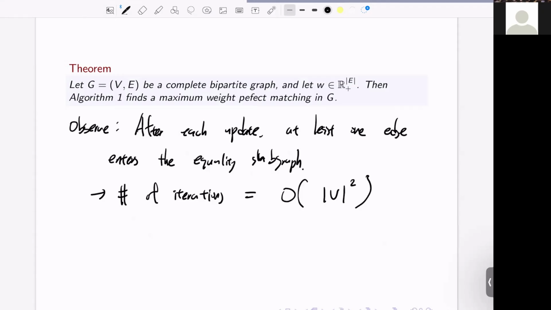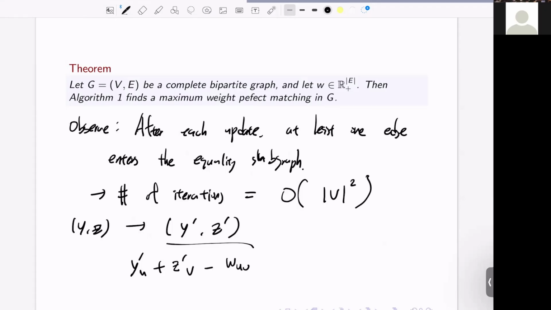Now, the next thing you need to observe is that, let's say Y was your initial dual solution, and you get another solution Y prime, Z prime. You just need to guarantee that this is feasible. You need to analyze that Y prime U plus Z prime V minus WUV is always non-negative after the update.